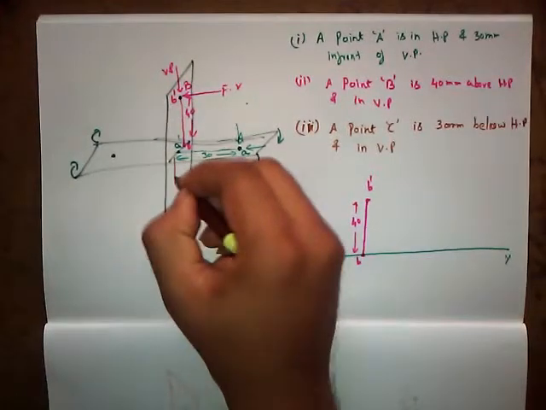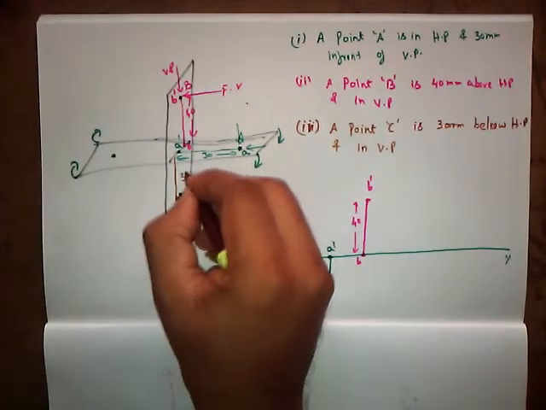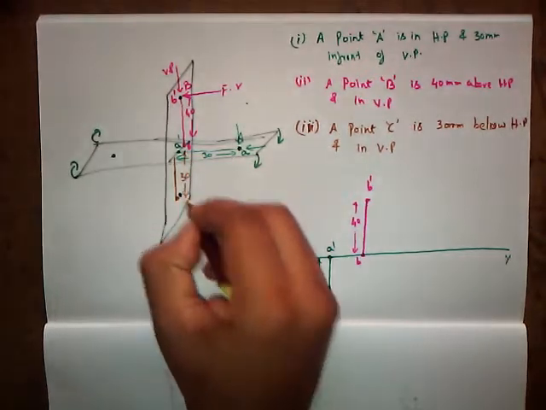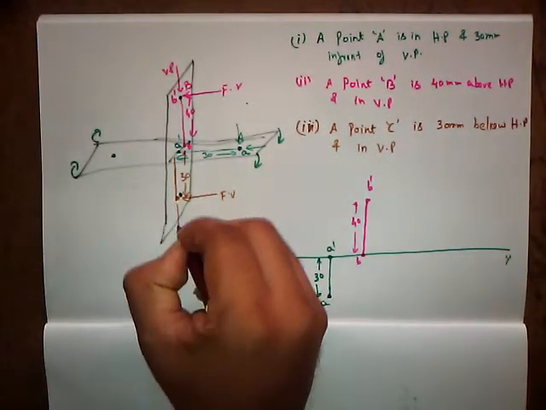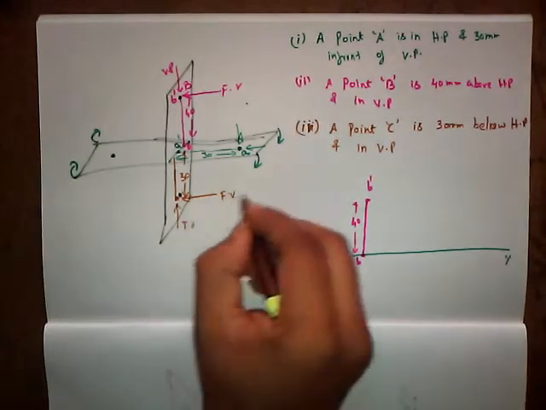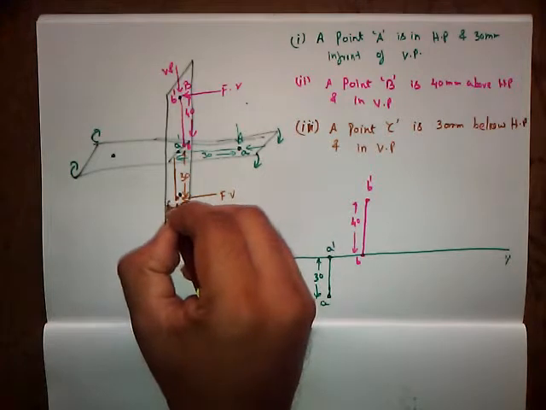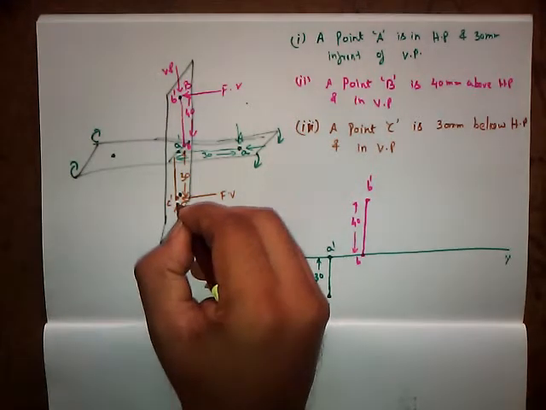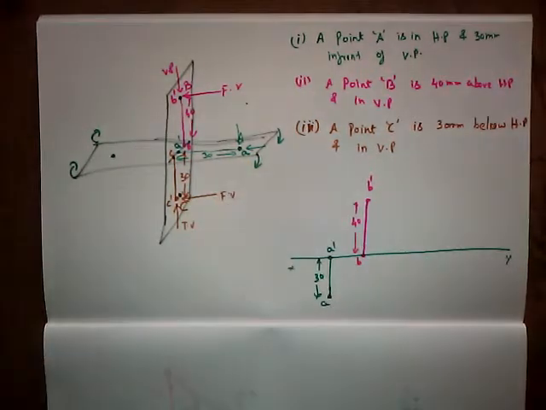So let us mark the point and the distance. Okay, the distance he has given is 30 mm. If I watch the front view from here, and we can watch the top view over here. So the front view, this point name is capital C, the front view is going to be over here, C dash, and if I view the top view, it is going to be projected onto the XY reference line, small c.